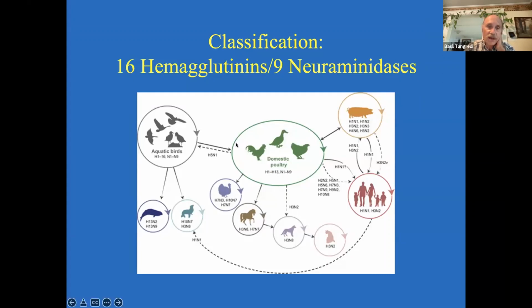But notice that the virus has also colonized marine mammals and the turkey, which of course is part of domestic poultry and really should be up in this area here. But more recently, we now have influenza in horses, from which has evolved the influenza virus in the last several years in dogs. And experimentally, the dog virus can be infectious for cats.